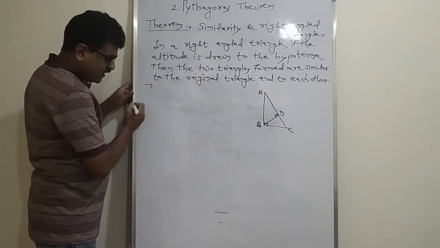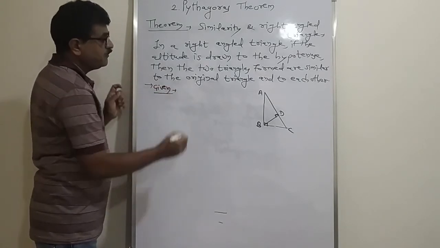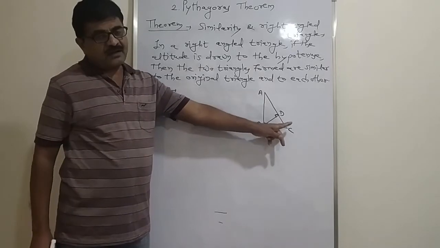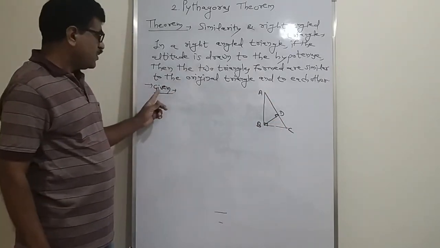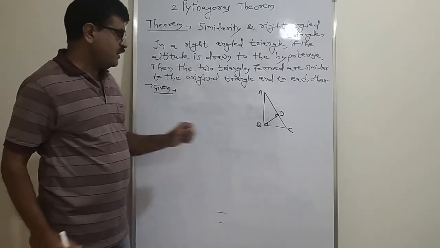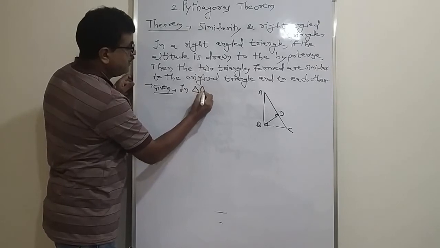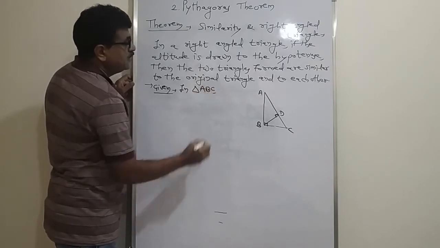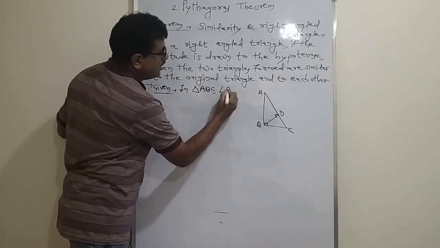Now first write down the given. First draw the figure: right angled triangle ABC, BD perpendicular to AC. Now given, in triangle ABC, angle ABC is equal to 90 degree.